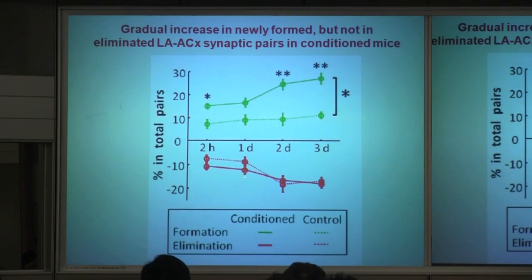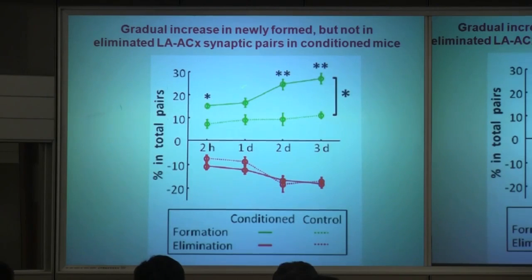No difference between control and experimental group. That means there's a steady elimination, but that doesn't inherently contain the information of the memory. The information is contained in the new pairs that are formed with time.